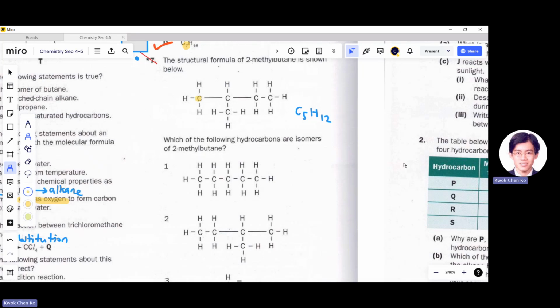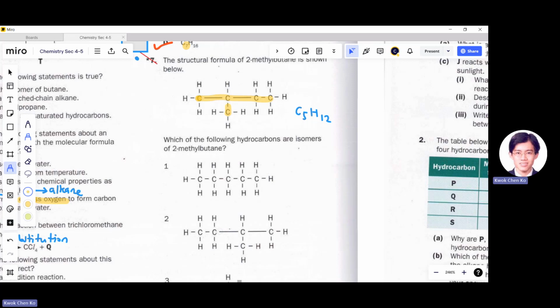Let's highlight. 1, 2, 3, 4. And there's a branch here. Good. At the 2 position. So look at number 2.